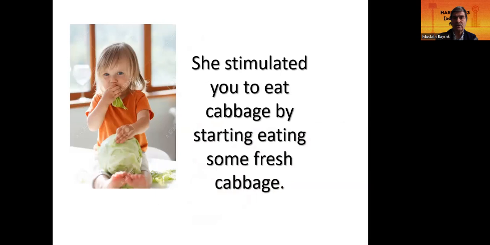Okay. She stimulated you to eat cabbage by starting eating some fresh cabbage. Yes. So you imitated your mother. Your mother stimulated you, motivated you to eat cabbage by starting eating some fresh cabbage. Okay. Active sentence. In fact, this stimulates somebody to do something, kind of causative. Your mother caused you to eat cabbage.